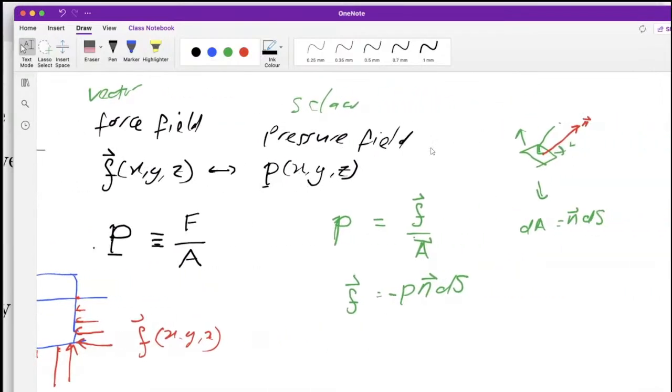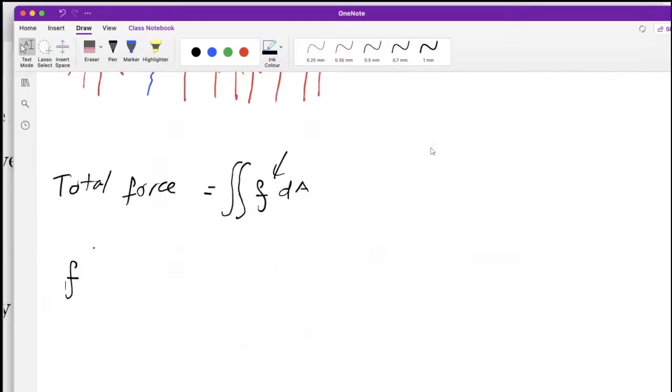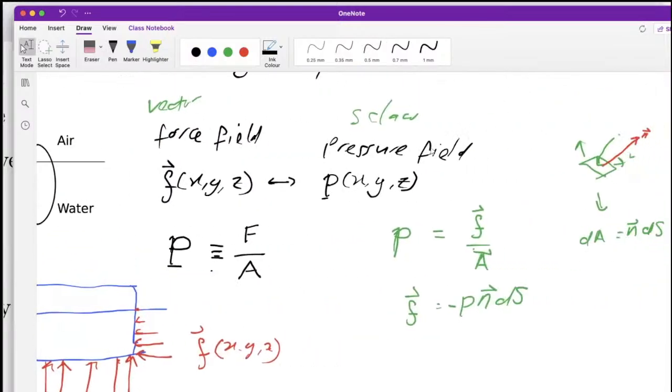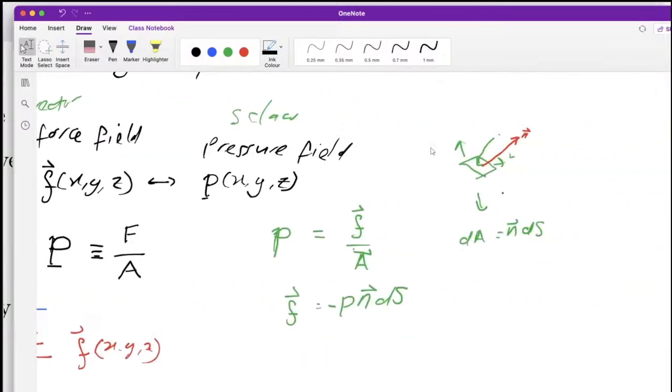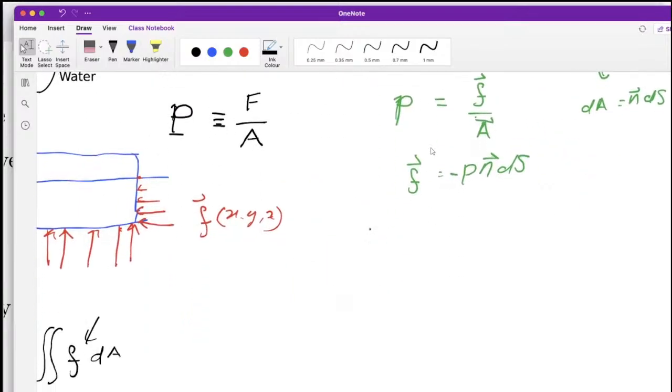F as a vector is negative P as a pressure, and then you have this normal vector and then dS, just like before, by definition of this whole setup, the whole concept.